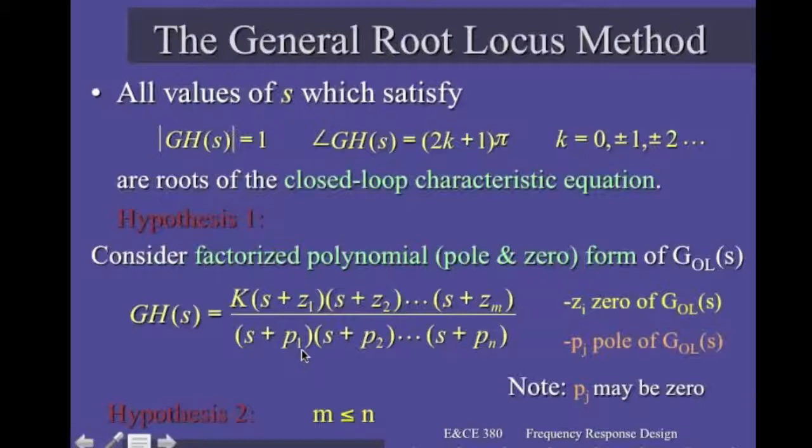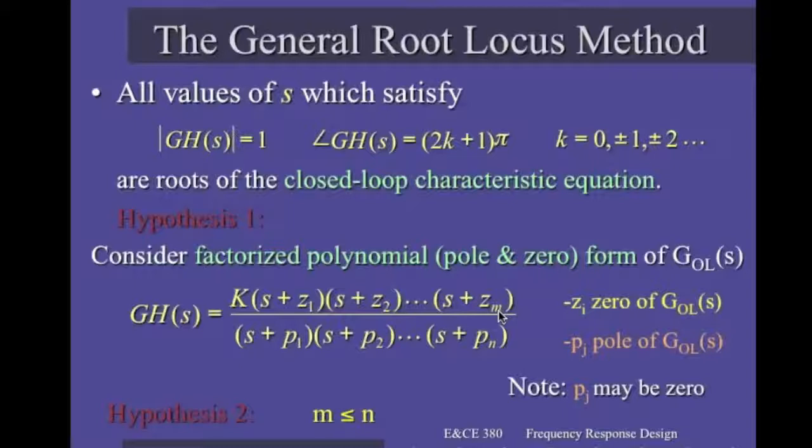So we may adopt a factorized polynomial pole and zero form of the open loop transfer function, like this one. K, which is a constant, is the transfer constant, times S plus Z1 times S plus Z2 times S plus Zm. This means that we have m zeros of our transfer function.